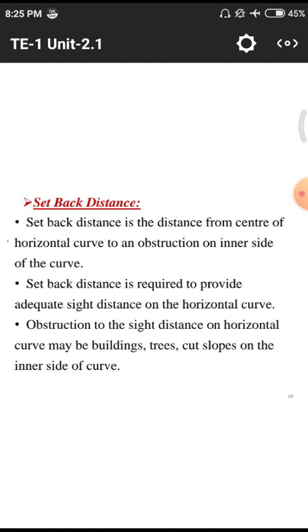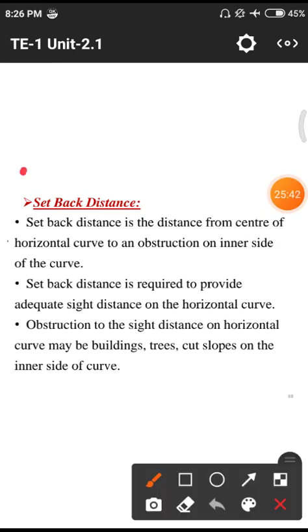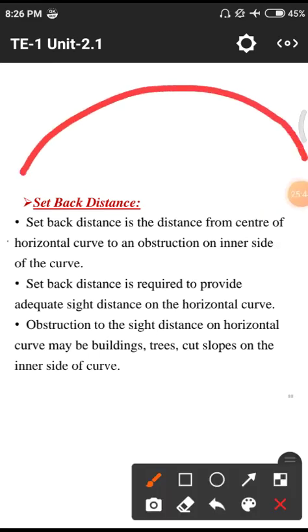The setback distance is the distance from the center of the horizontal curve to an obstruction on the inner side of the curve. That means this is the total horizontal curve and this is the center of the horizontal curve.